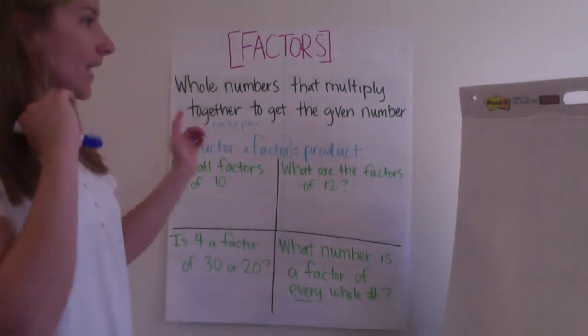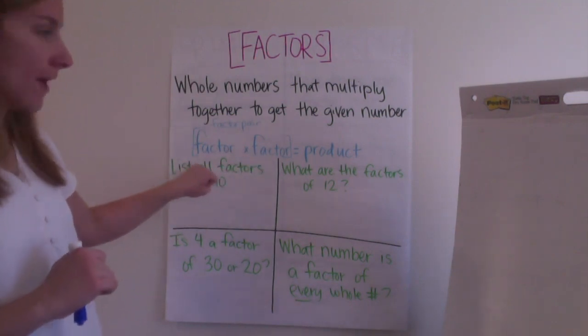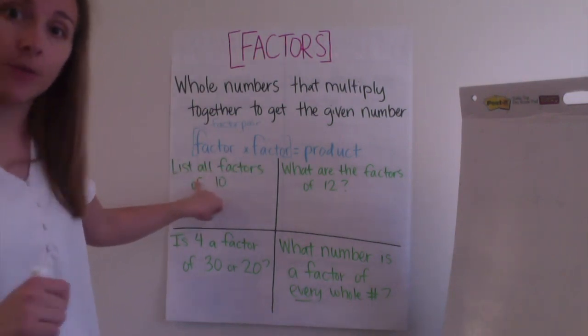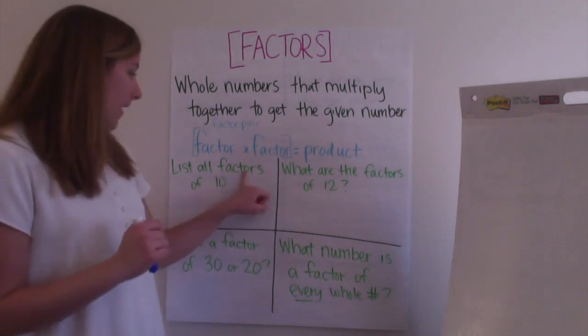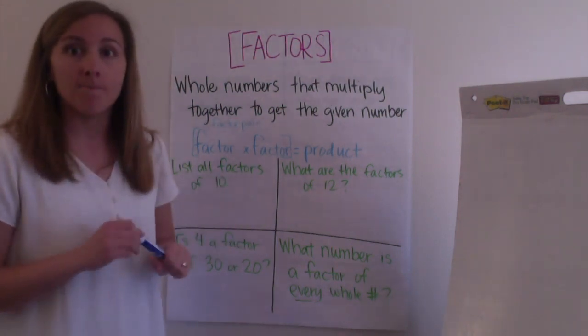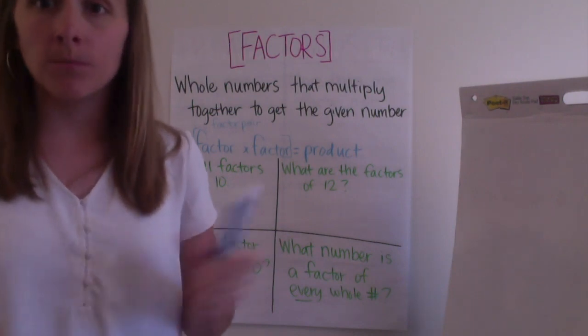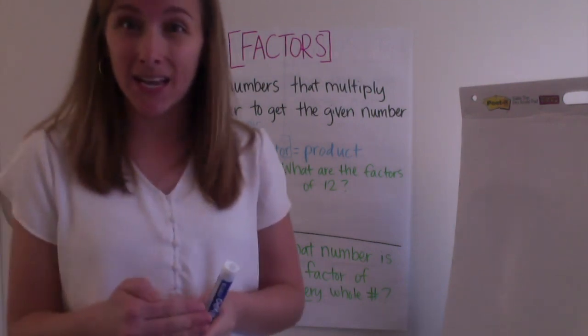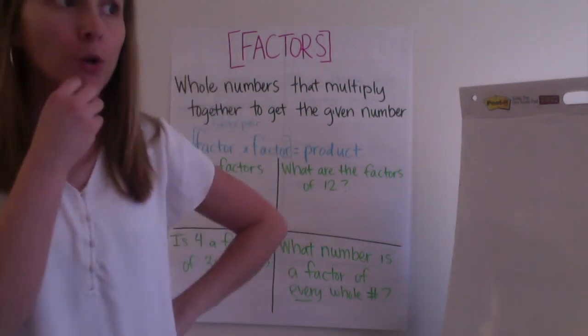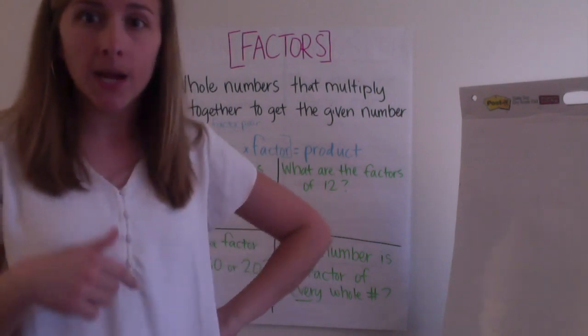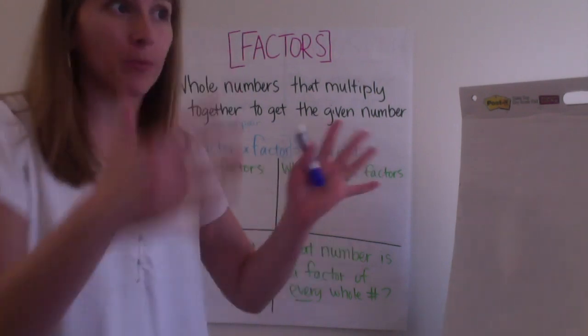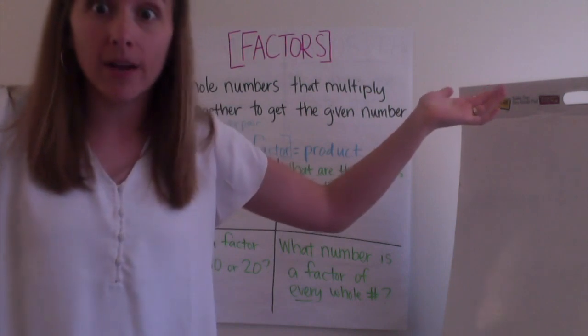So as we jump in here, if we had a question that said something similar to list all the factors of 10, all the numbers that you could multiply to get 10 as your product. I think sometimes it's tempting to jump around and say, oh, I know 2 times 5.